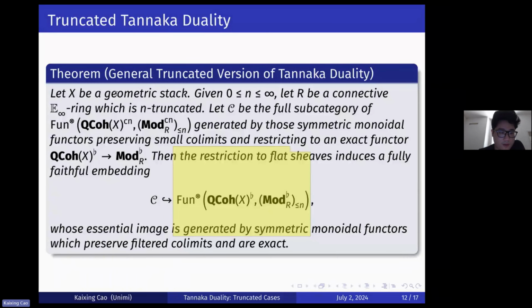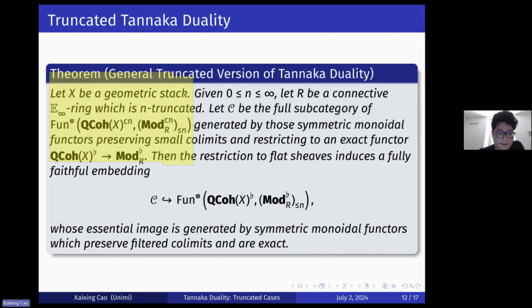Also, we start from the geometric stack X, and n can be a natural number or even infinity. When n is infinity, the truncation of infinity means that we don't take the truncation. And R is an untruncated infinity ring.